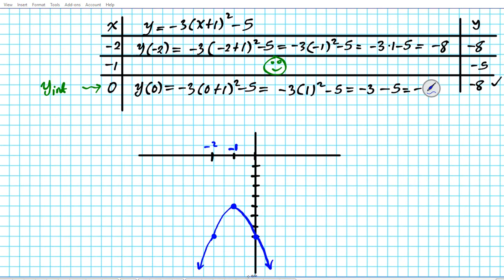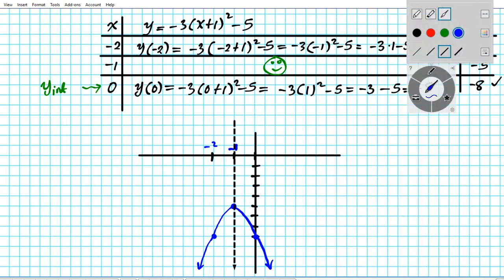Alright, now what we're going to do is label this completely. Let's start off by graphing our axis of symmetry. This line right here, let's put it in black. The equation of this line is x equals -1, right? This is our axis of symmetry.